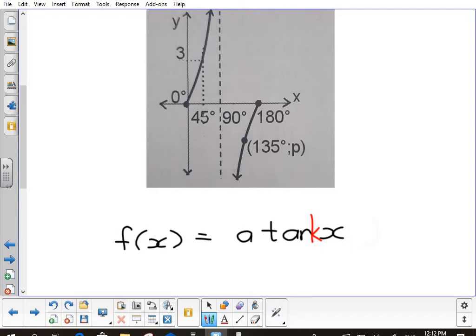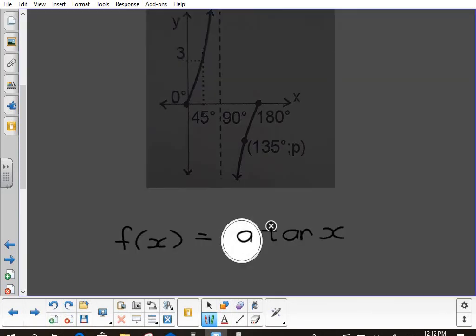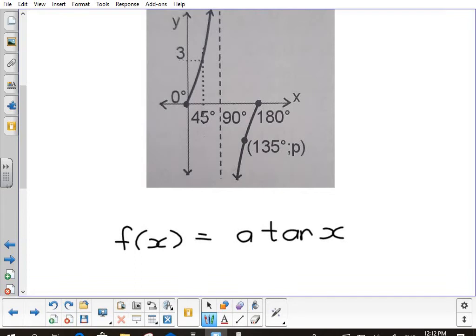The only thing that happened to this graph, the only change that it underwent, is the a, because it's indicated. And remember, with tan that is not an amplitude, but has to do with the curve of the legs of the graph, as well as my reflection over the x-axis.